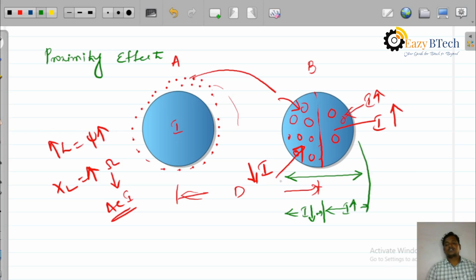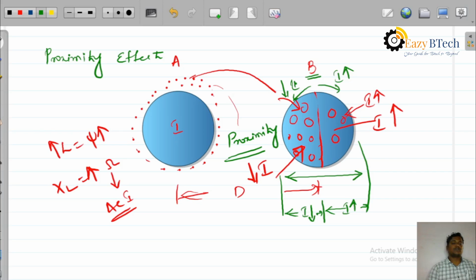Then the current is distorted due to this effect. This effect is called proximity effect. Conductor B experiences half of the portion having less current and the remaining half having more current. This effect is called proximity effect.